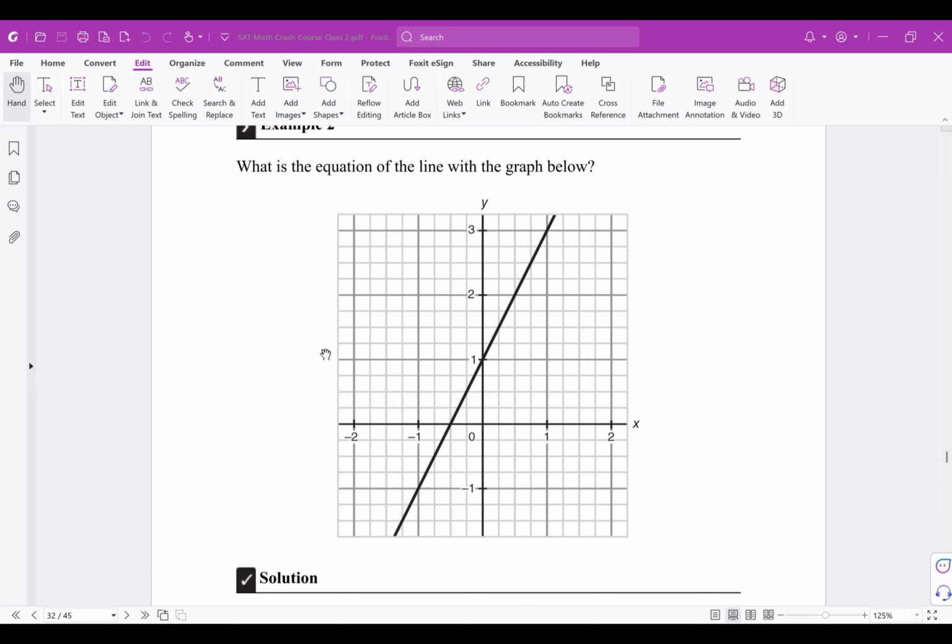Can you please tell me in which points this straight line is intercepting the axes? Can you please tell me the coordinates of the 2 points? On the x-axis it is 0.5, 0.